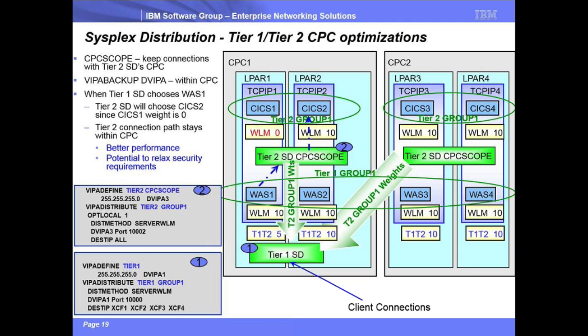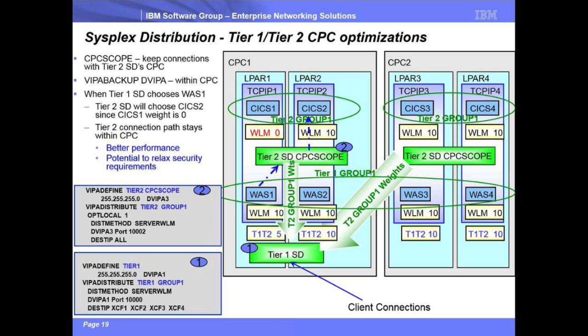There's the Tier 1 distributor, Tier 1 SD, and then associated with each KEC or site, there are 2 Tier 2 distributors. And with VIPA backup statements, as a VIPA moves, for instance, between the Tier 2 distributors on CPC1, a backup would have to be on either TCP/IP1 or TCP/IP2.